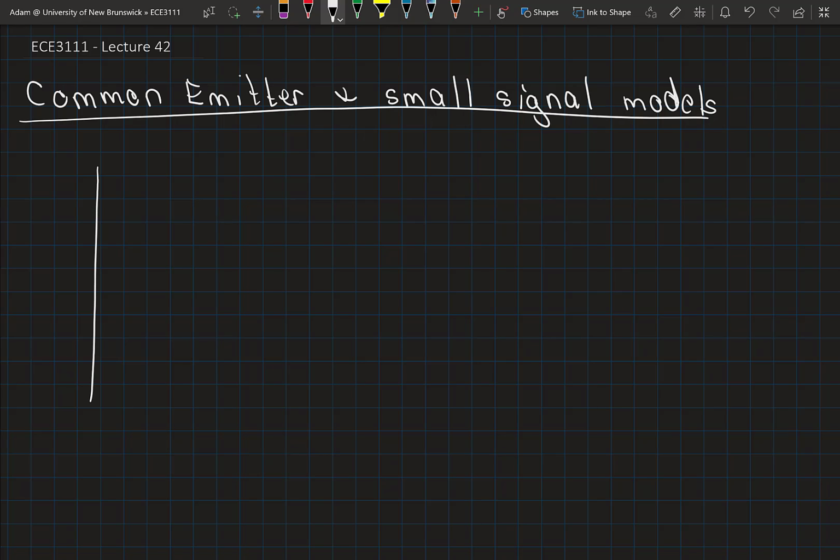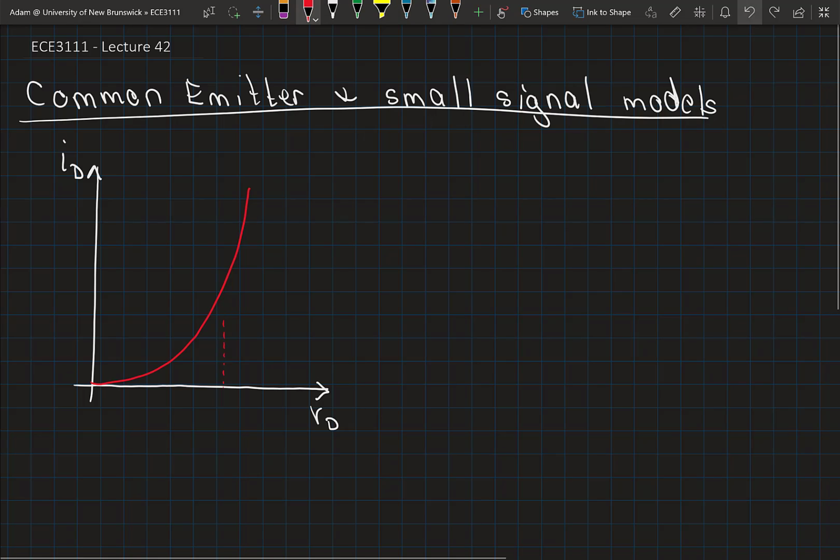Remember that for our diodes, if we looked at the diode characteristic and biased the diode to a specific operating point, actually, let's go with a different color here, we applied a large signal or DC signal.